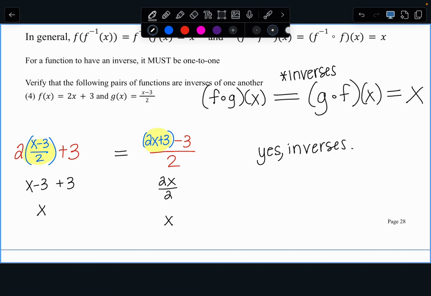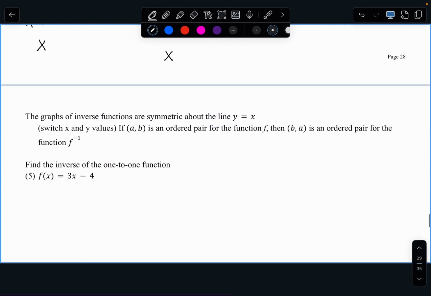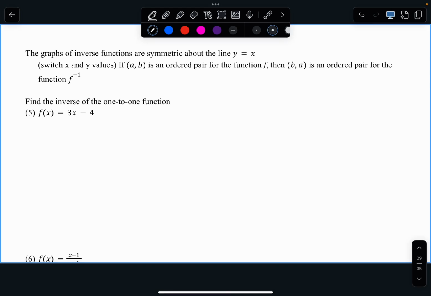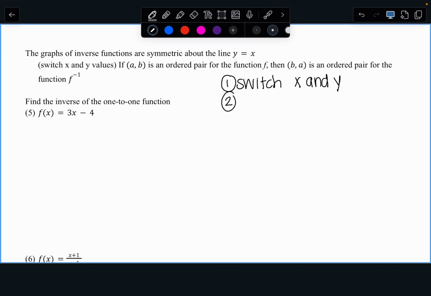Now, how the heck do we find an inverse? One, switch x and y. Two, solve to get y equals.